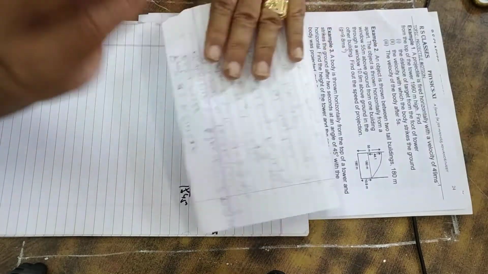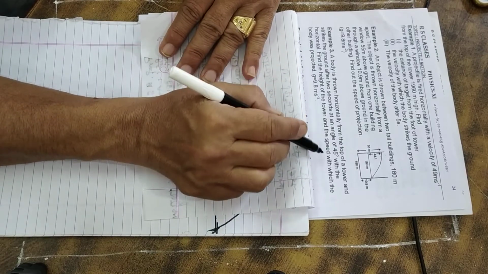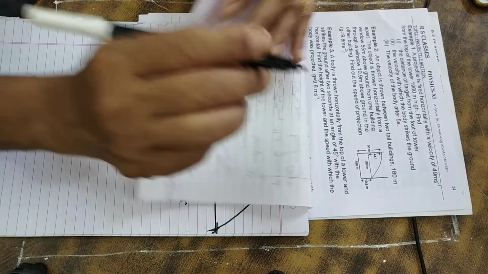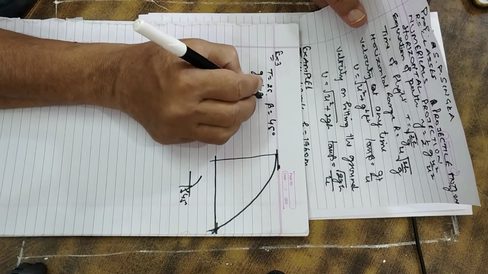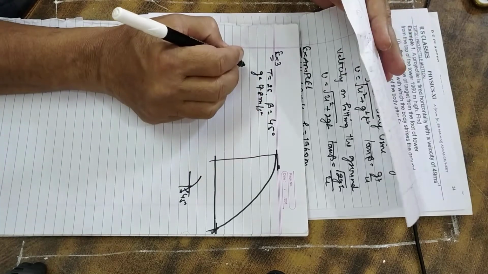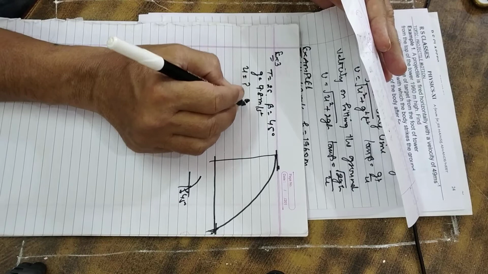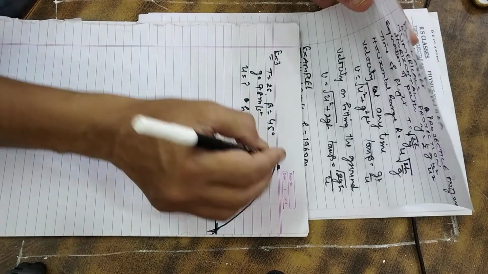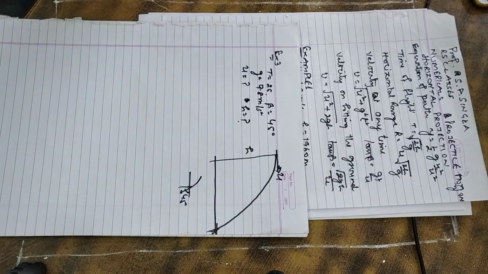Tangent beta is given 45 degrees. Find the height of the tower and the speed with which the body was thrown, if g is equal to 9.8 meters per second squared. We have to find u and h.